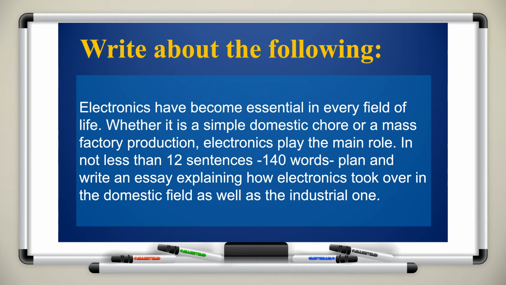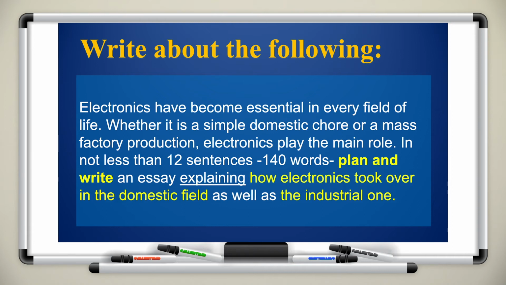In not less than 12 sentences, 140 words, plan and write an essay explaining how electronics took over in the domestic field as well as the industrial one. So here, plan and write, meaning you have to outline first. Explaining how, meaning you have to write an expository essay, because an expository essay describes, explains, and informs.